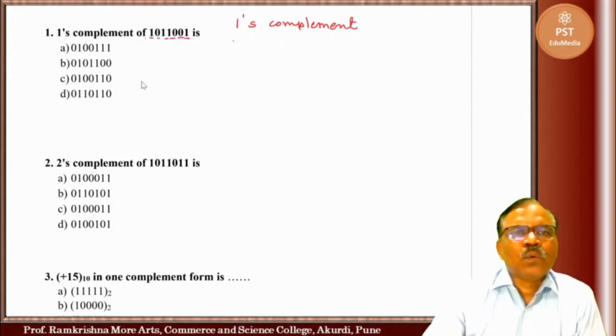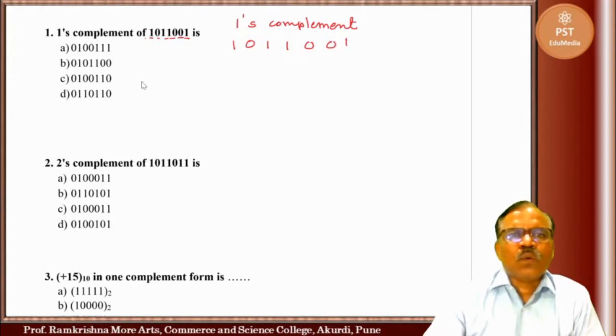So here 1 0 1 1 0 0 1, this is the binary number. Now 1's complement means we have to apply NOT gate on each bit. So what happens here? If we apply NOT gate on this LSB, 1 goes to 0, 0 to 1, 0 to 1, 1 to 0, 1 to 0, and 0 to 1.